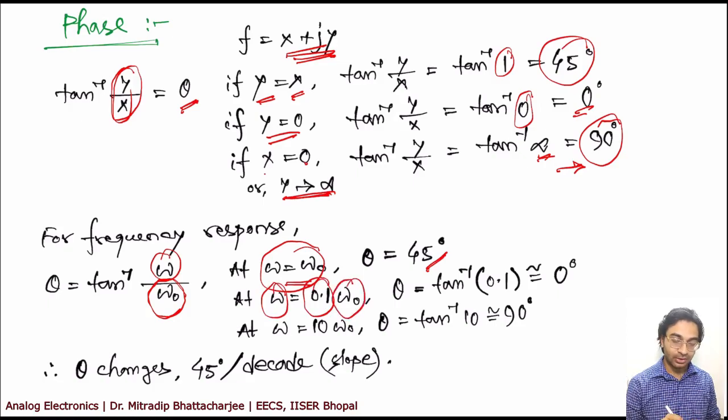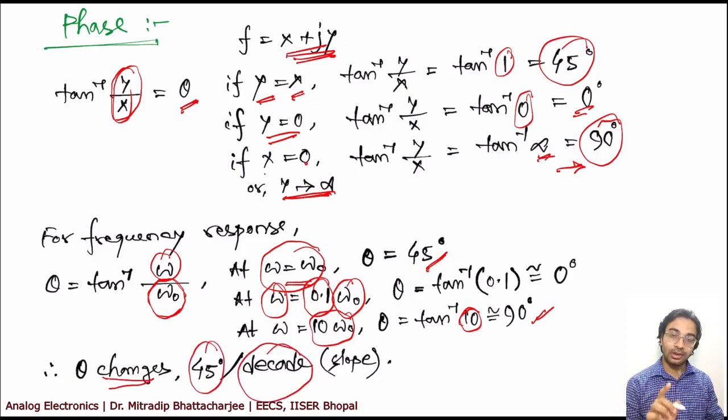That means it is tan inverse 0.1, which is almost 0 degree. If you consider omega equal to 10 omega 0, then your theta will be tan inverse 10, which is almost 90 degree.